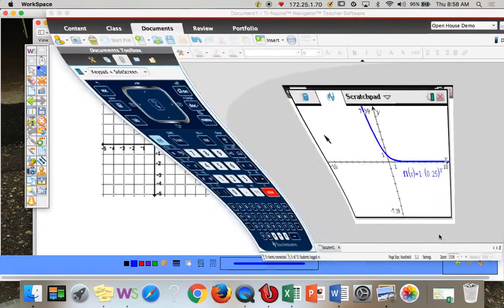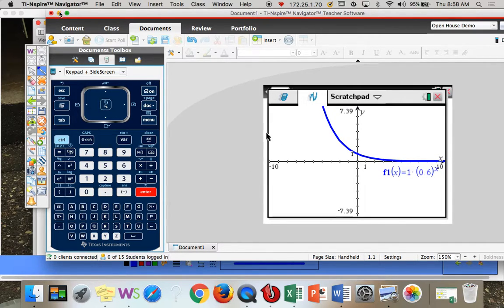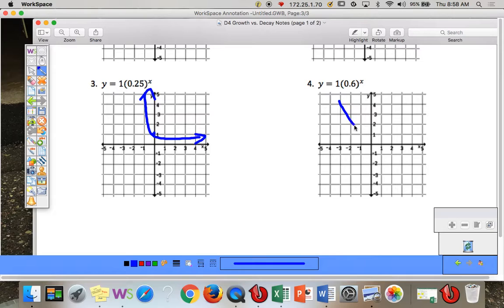And the next one, 1 times 0.6, so again, tab, up. And we can see it looks very similar. Something like this.